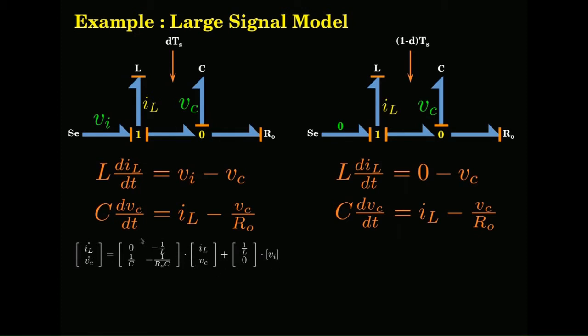This is x dot, A, x the state vector, B matrix and u vector. Likewise, for this, the only difference you will see is in the B matrix. In this case you have 1 by L, here it is 0 because of this.